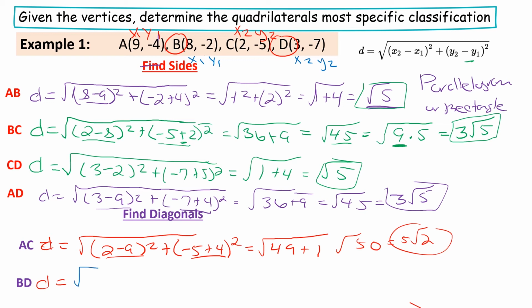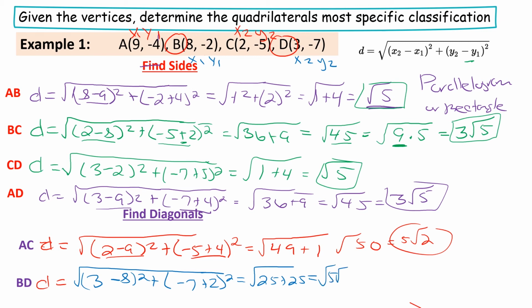So plugging that in, 3 minus 8 squared plus negative 7 plus 2 squared equals 25 plus 25. So I still have a square root of 50 underneath, and I'm left with 5 square root of 2.